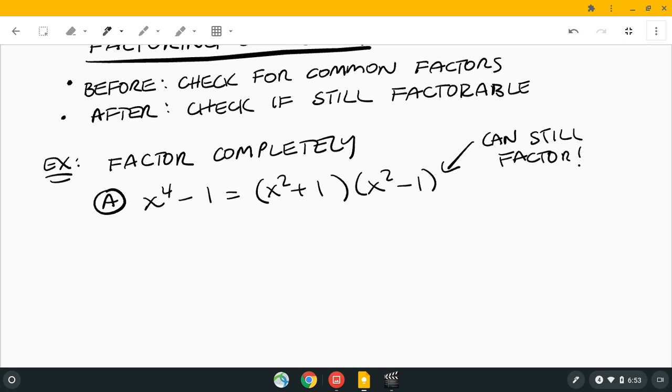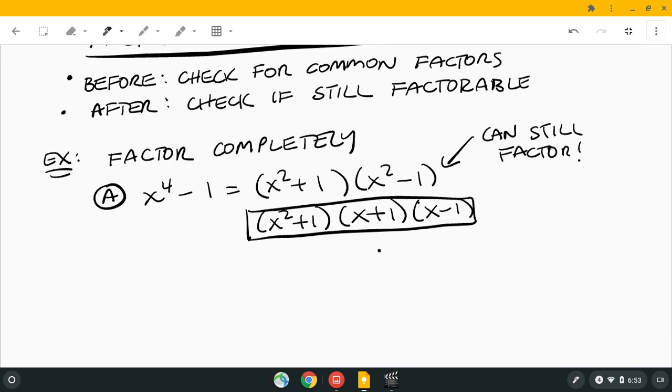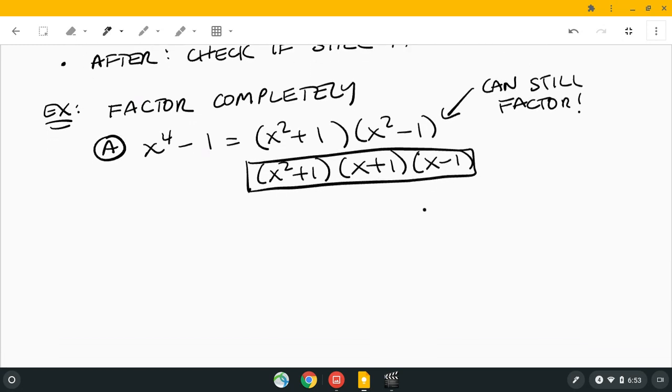I'm going to bring this one down. And this one is perfect squares, so it's going to be x plus 1, x minus 1. And then nothing else is factorable, so this would be our final answer. That's what we mean by make sure that you can't factor anymore.